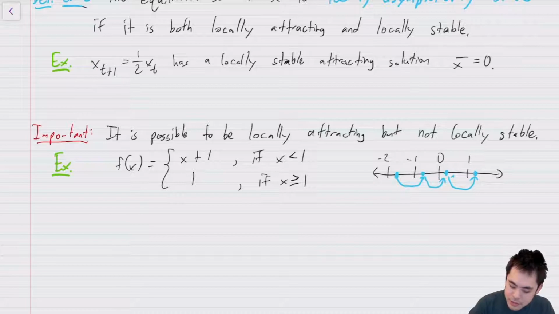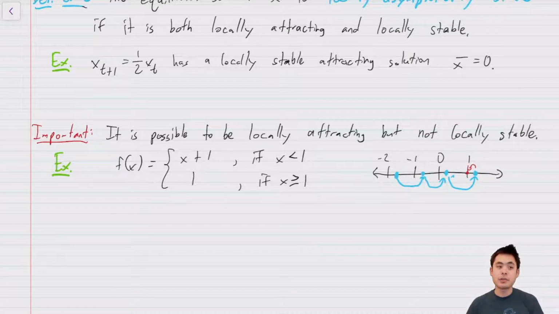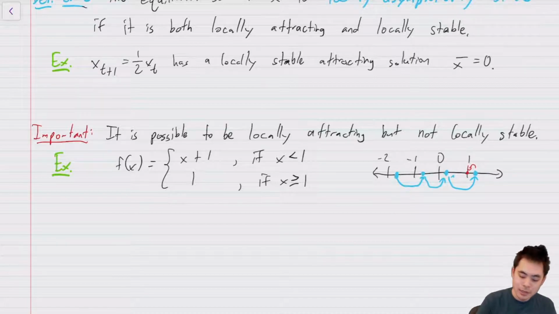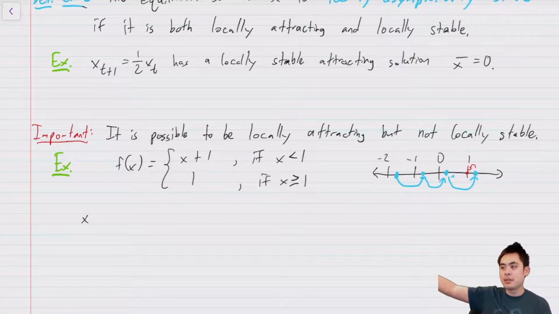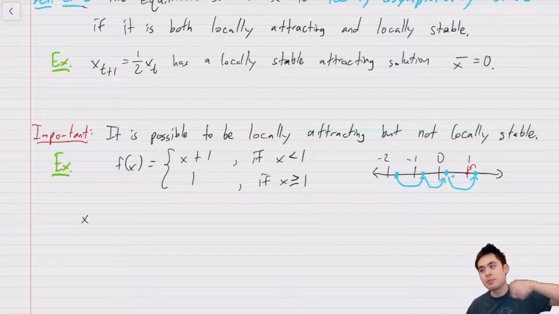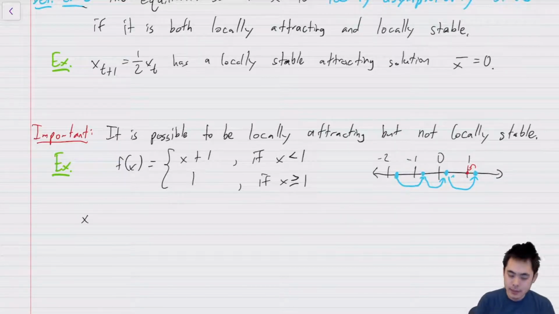But then the final step, because it's greater than 1, is going to go there. And so this is locally attracting because 1 is an equilibrium, and no matter where you start, you're going to get there. If you start all the way on the positive side of the real line, you're just going to go straight to 1. Start on the negative side, you're going to slowly take many steps until you reach just past 1 and then go back to 1.